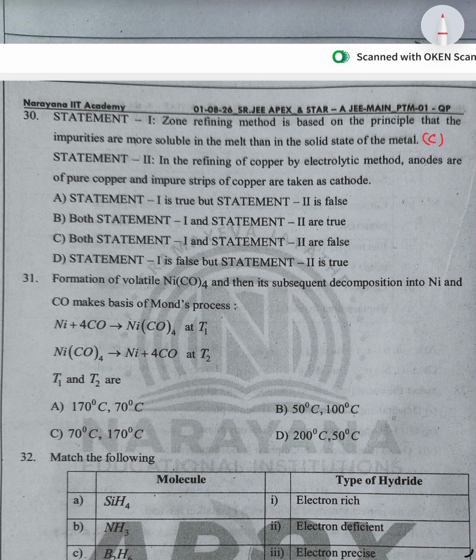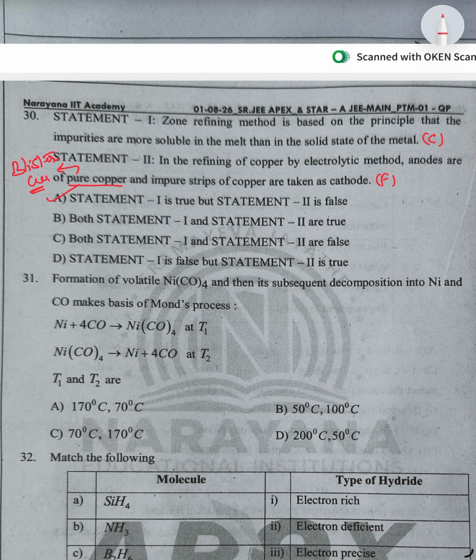This is a wrong statement, a false statement. Here pure copper is not used, blister copper is used instead of pure. So statement 1 is true, but statement 2 is false.